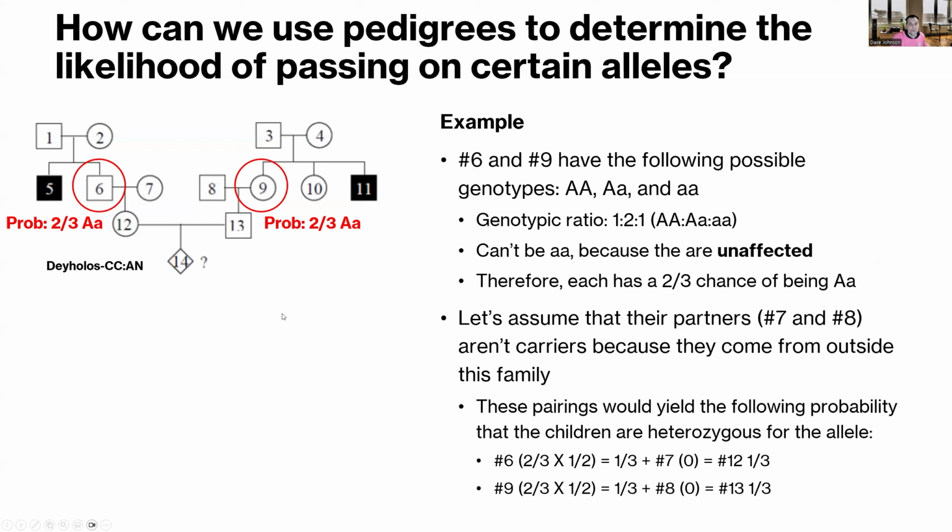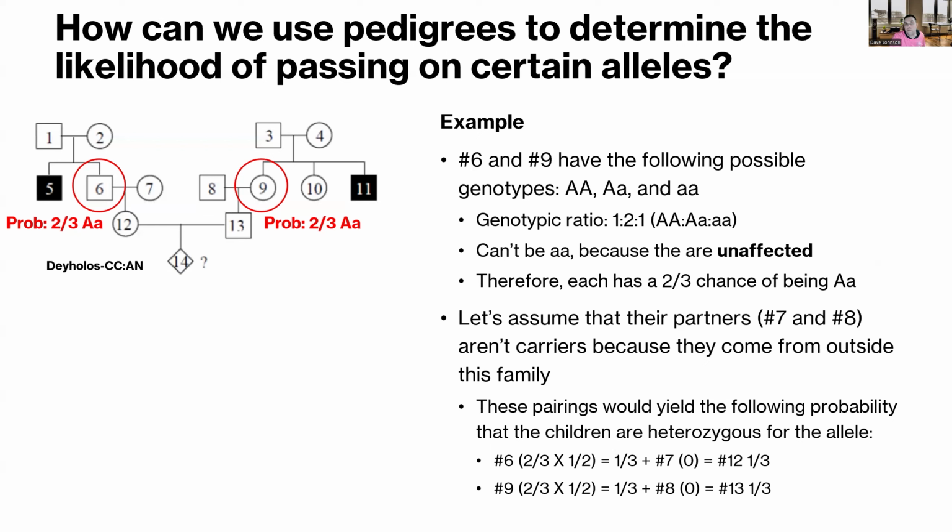So, using this math, there is actually only half of a 2/3 chance that number 12 and number 13 are a carrier. Why? Because there's a 2/3 chance that they're a carrier in the first place. Only a 2/3 chance, right?